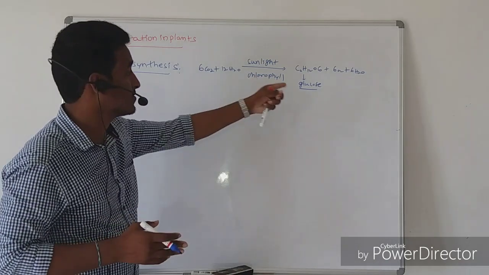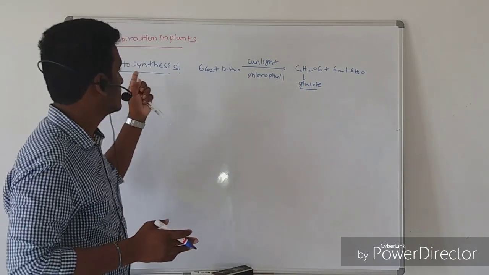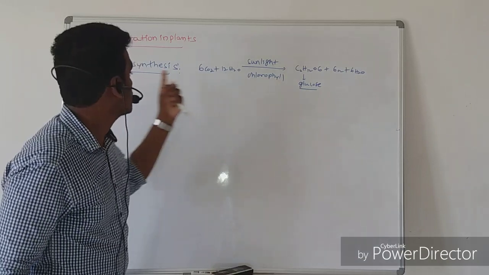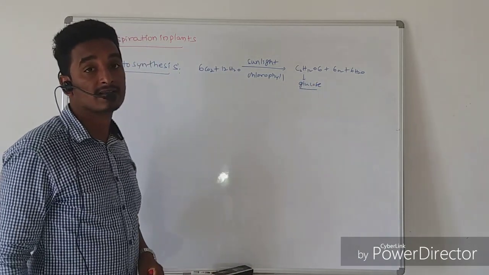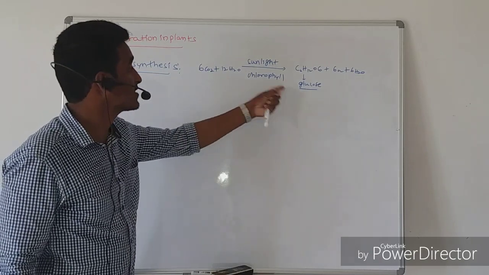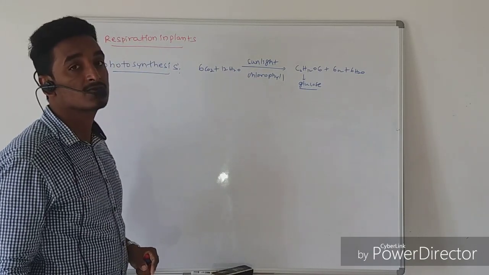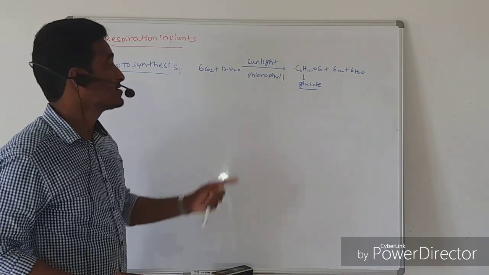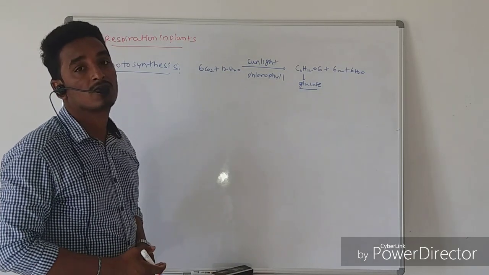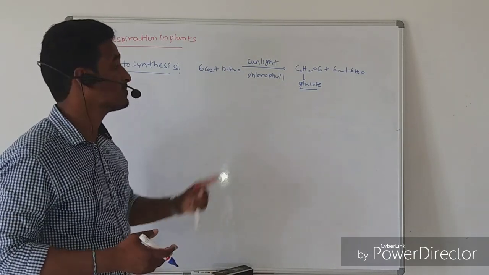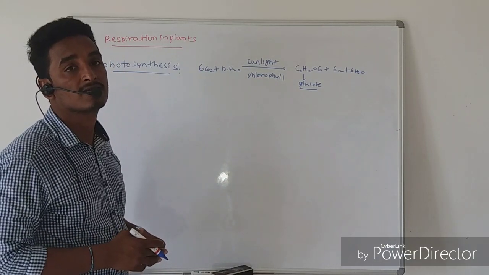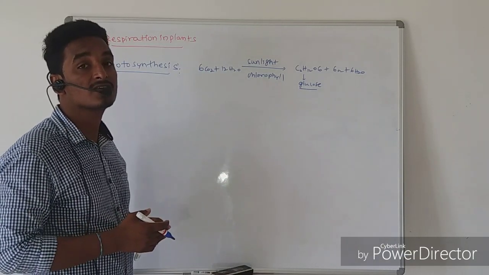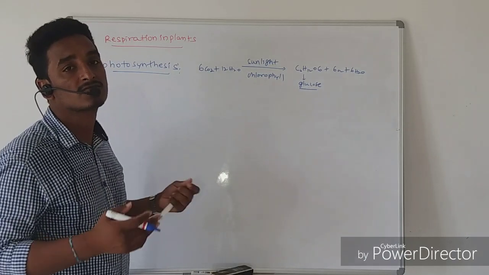In plants also, glucose is formed in photosynthesis but does not release energy directly. Hence a respiration process is required. Respiration is nothing but the oxidation of the glucose molecule, to produce energy in the form of ATP, and we use that energy to perform various functions.